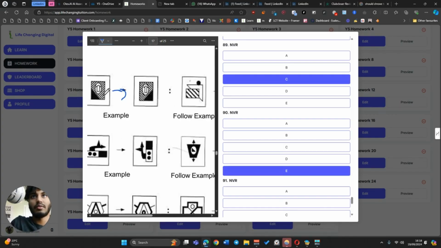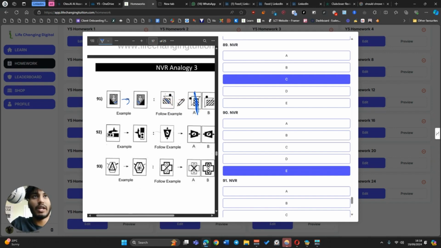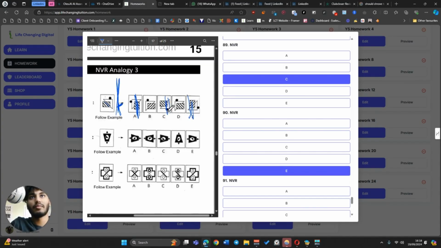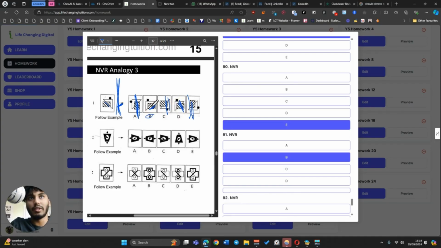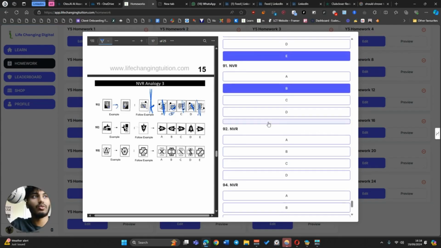Now the pattern is also reflected, so this one, the pattern should be facing this way if you think about how it would be reflected down this line. And D is going this way, this was going the right way, so B is the right option because of this line. Question 92.